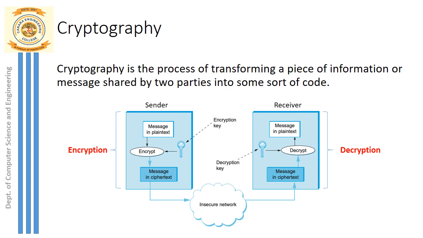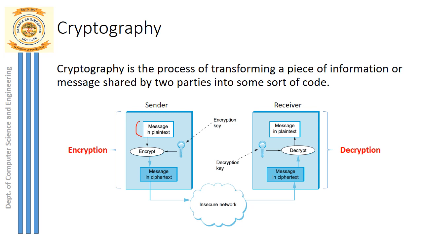Here I consider a message, which we call plain text. Now if we transfer the plain text as it is through an insecure network, that plain text can be accessed by any intruder or unauthorized party, and he can read the message.